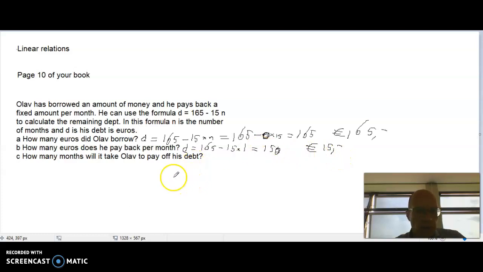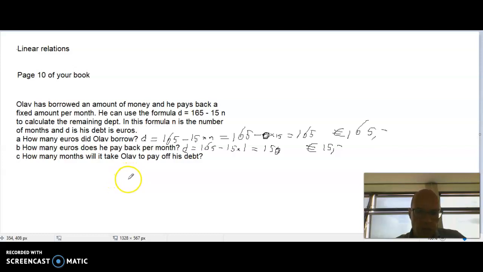Well, and how many months will it take Olaf to pay off his debt? Well, we need to multiply 15 by the amount of months to get to 165. There are lots of ways to calculate it, and I haven't taught math in the first year, so I don't really know how you do that if you use cards, placing them, or anything like that, or you can also estimate it.